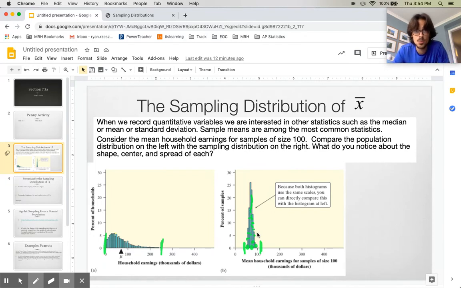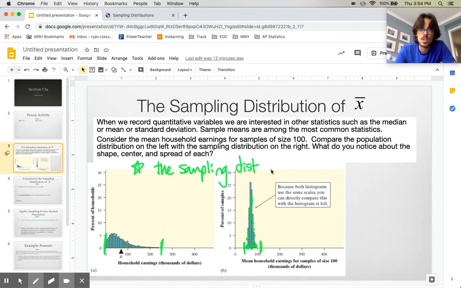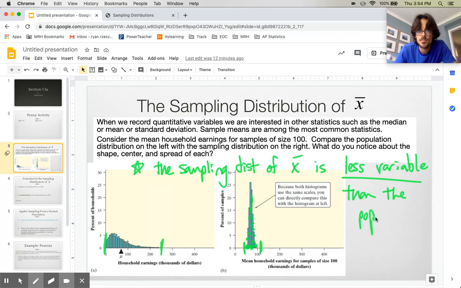Okay, we'll get to stuff with shape later on, but what I want to point out for right now is that the sampling distribution of X bar is less variable, much less variable than the population. And I'll build on this observation as we go through.